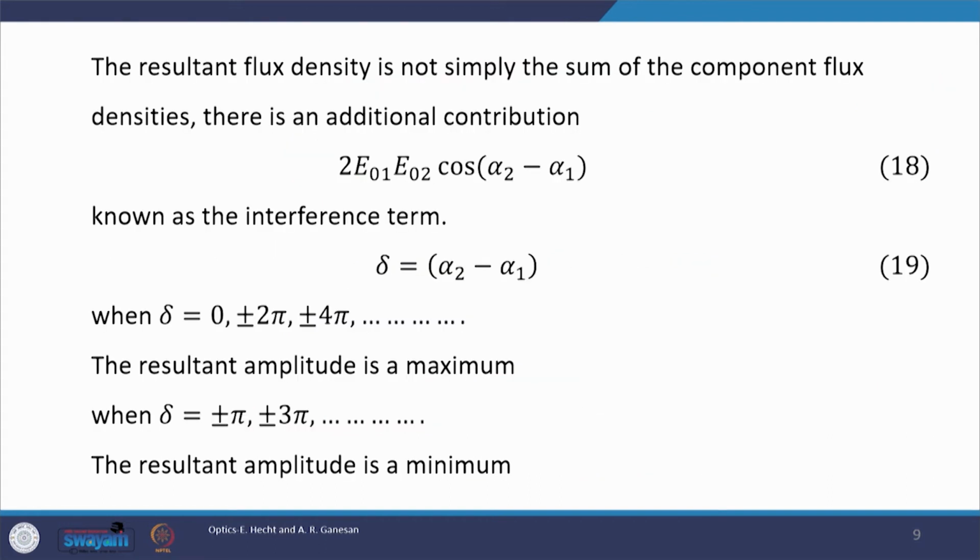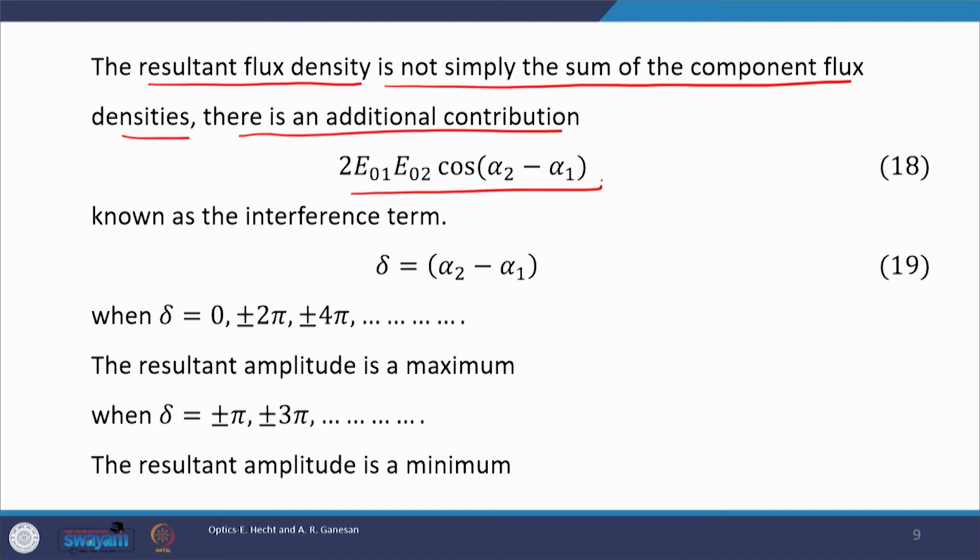It means interference owes its origin in superposition principle. Okay. Now, the resultant flux density is not simply the sum of component flux densities. Flux densities means amplitude square, yeah, which we saw in equation number 14, and there is this additional contribution which we know as interference term. Yeah, this is our interference term.